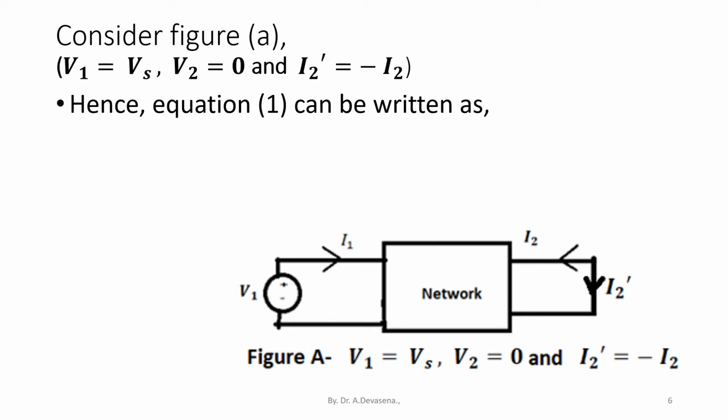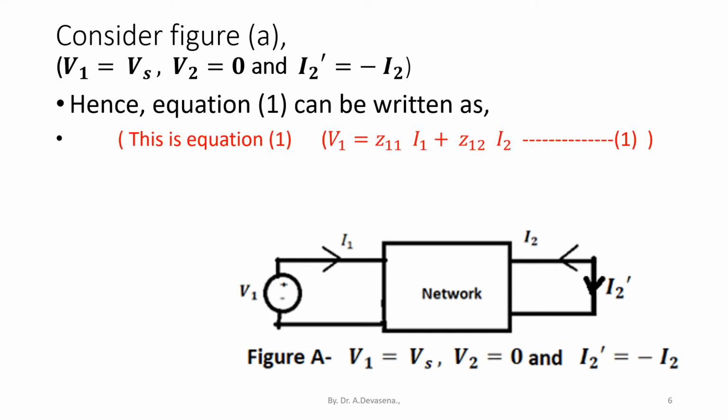Hence, equation 1 can be written as, this is equation 1, that is V1 is equal to Z11 I1 plus Z12 I2. Here we are going to substitute the value of V1 as Vs, and the value of I2 as minus I2 dash.